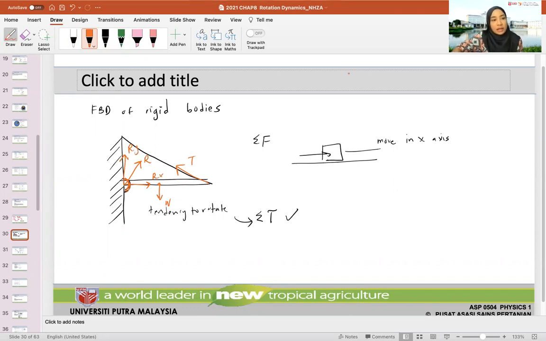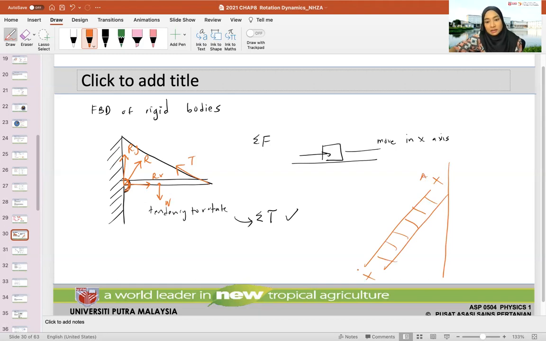R is always at your hinge or at your axis of rotation. You have to remember to put it there, always at the axis of rotation. If you have a ladder resting on a wall, where is the axis of rotation? Would it be up here or down here?